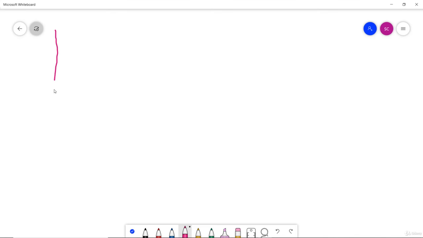Now let's say that this is a plot which has been done. This is the x-axis and this is the y-axis, and here I am plotting several dots.